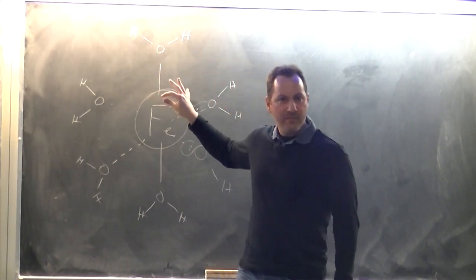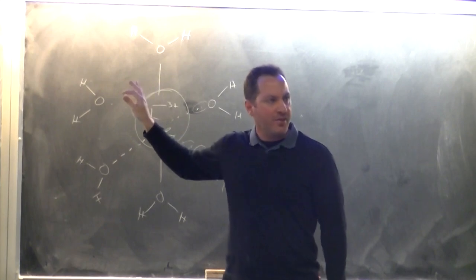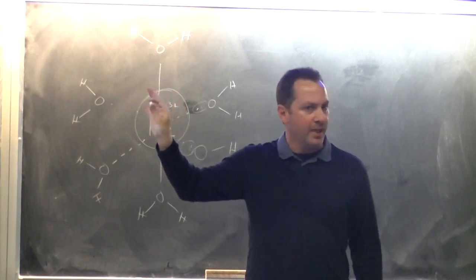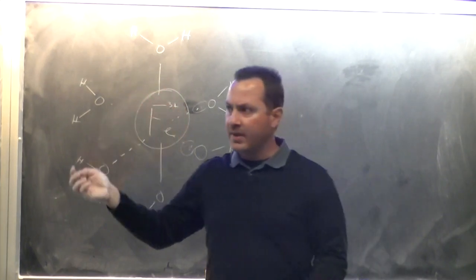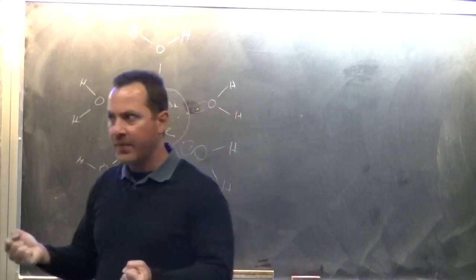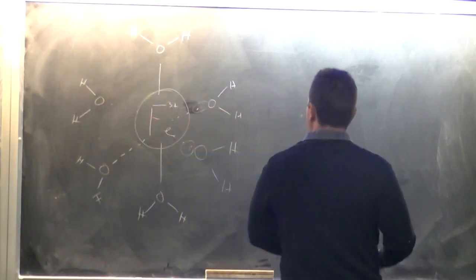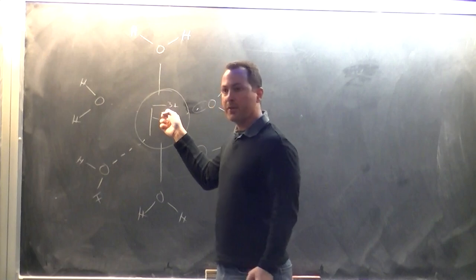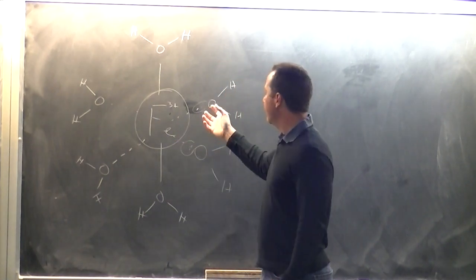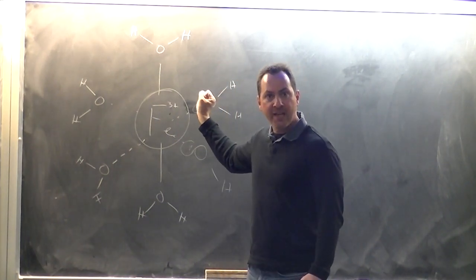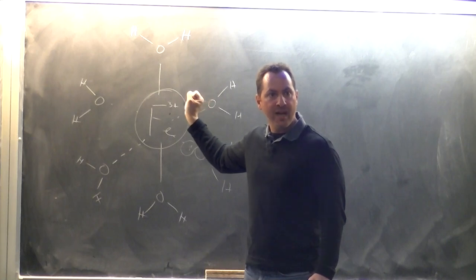What happens with positive and negative charges? They attract each other, right? So the strong positive charge of iron actually pulls some of the electron density from the oxygen atom.